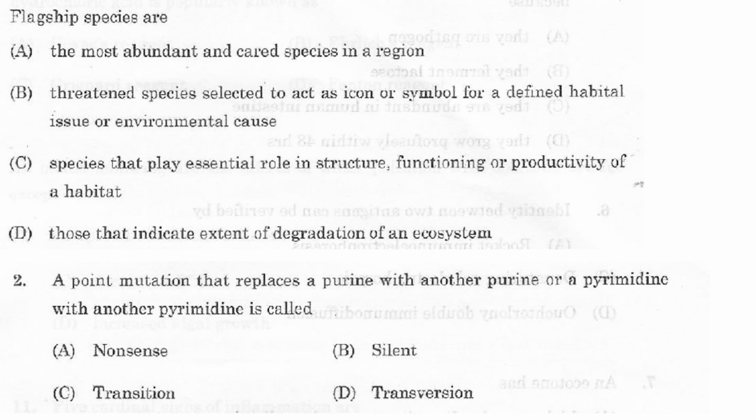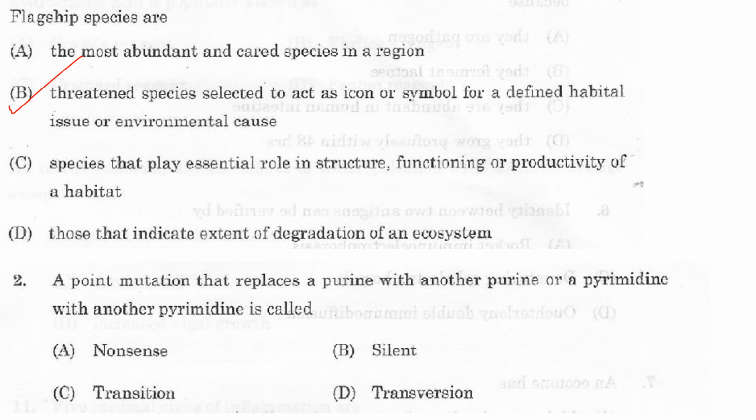That means the flagship species are iconic species, and they represent a particular environmental issue or a campaign, and they are often used to raise awareness and to support conservation efforts. So that is flagship species.